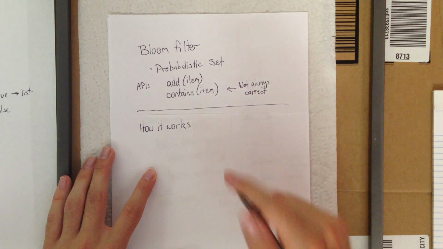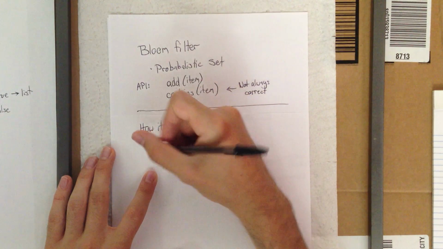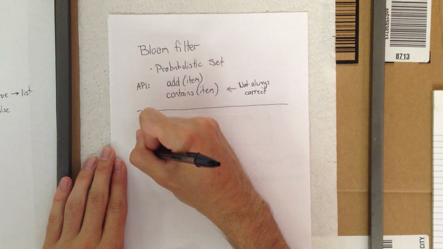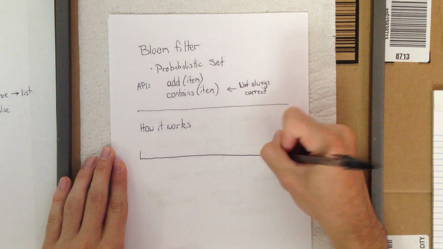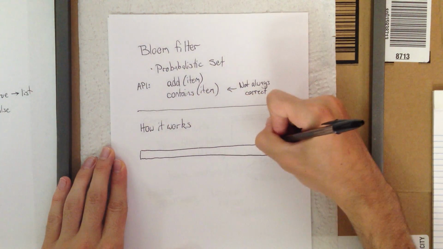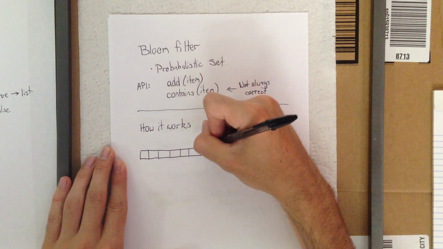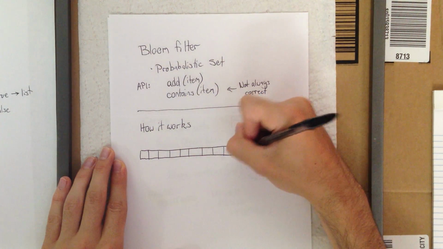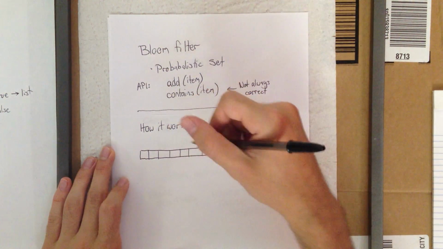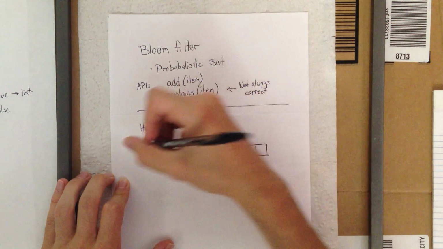So the way the Bloom filter works is it has a bit array. A bit is either 0 or 1, so every single box I'm drawing here represents a bit, and so every single box is either 0 or 1.